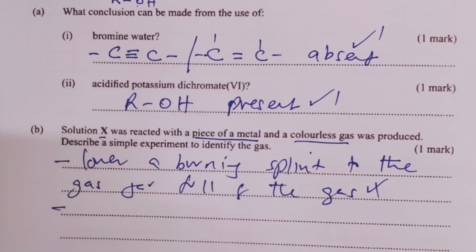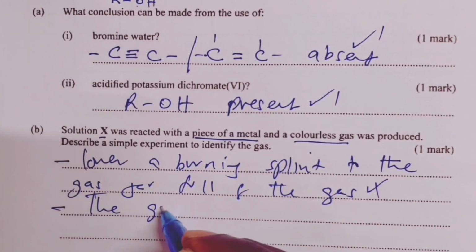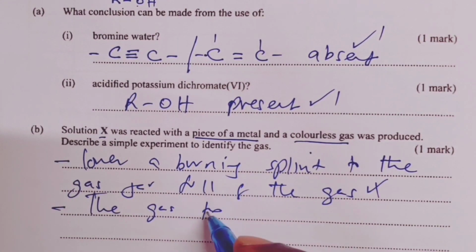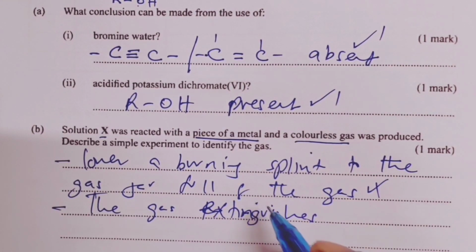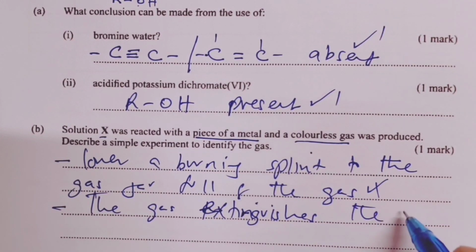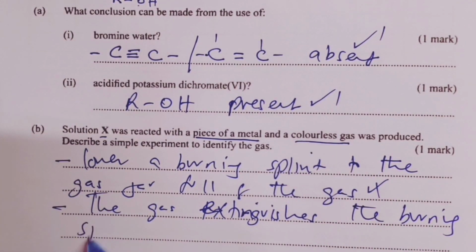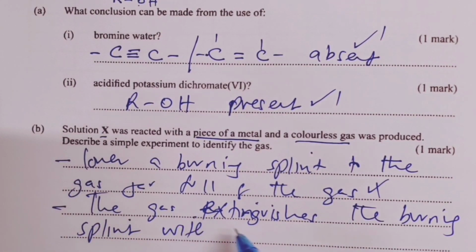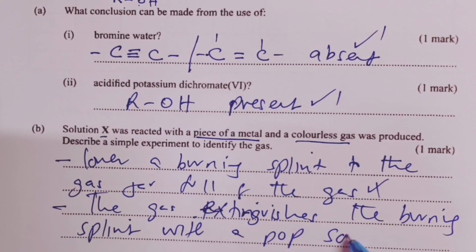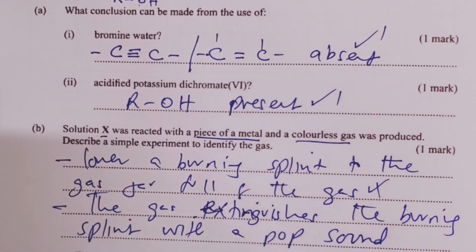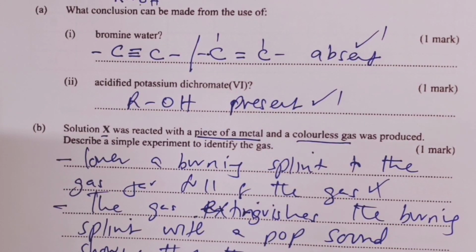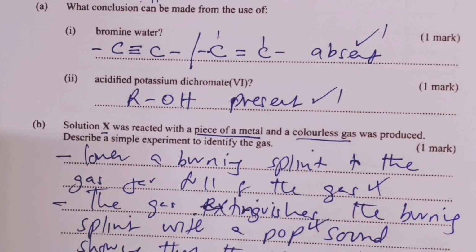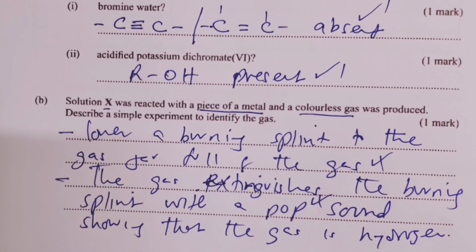Then because it is hydrogen, we expect the gas to extinguish the burning splint with a pop sound, showing that the gas is hydrogen. So pop sound here would give us the next half mark, totaling 1 mark.